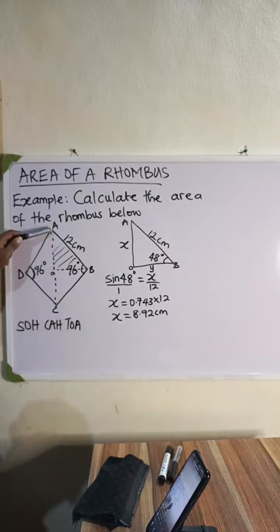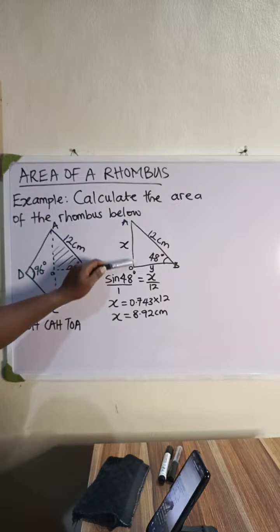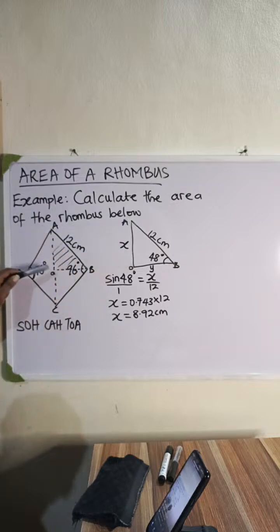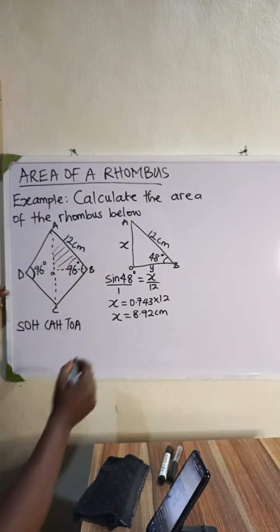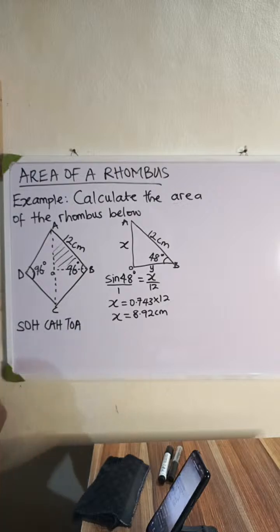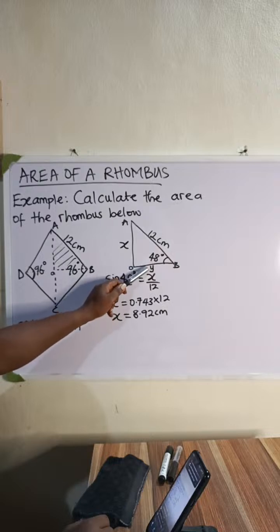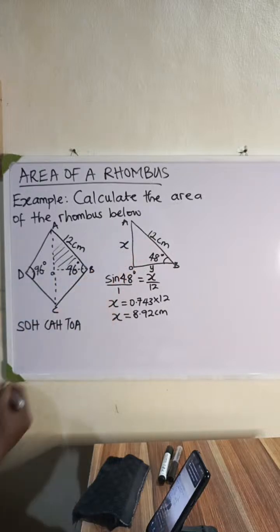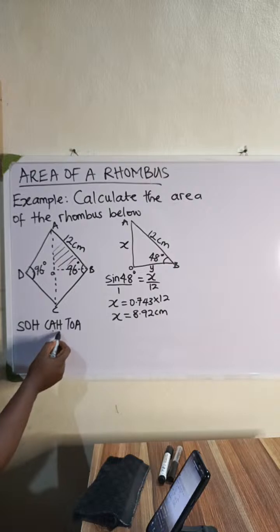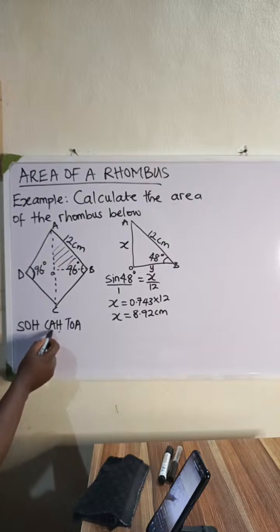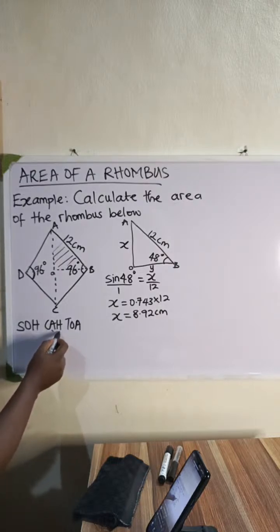Remember, x is from here to here. So next we get the value of y. So y is here, y is the adjacent. So this will give us adjacent over hypotenuse. A represents adjacent, H represents hypotenuse.